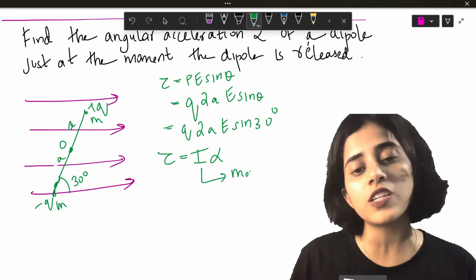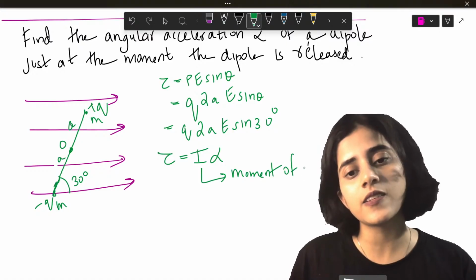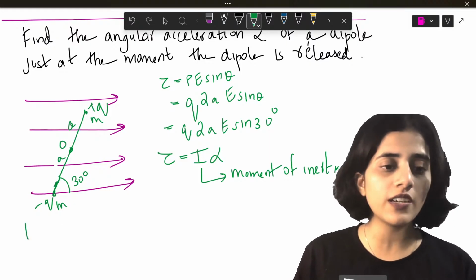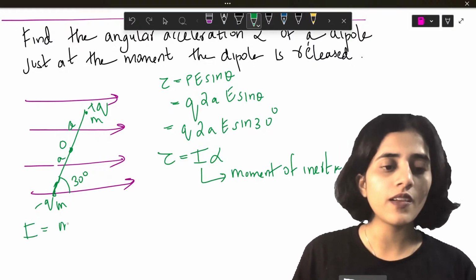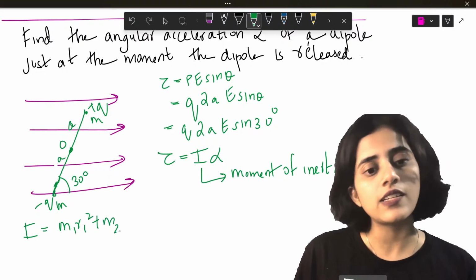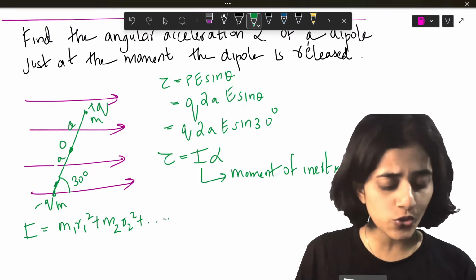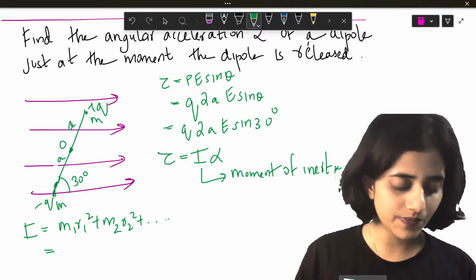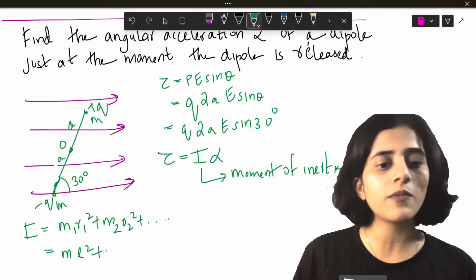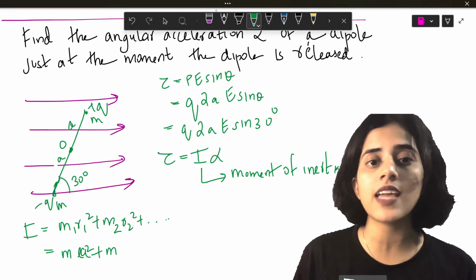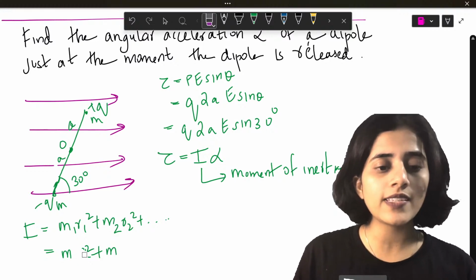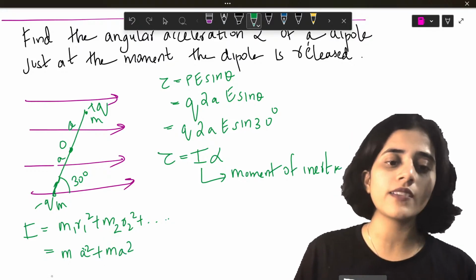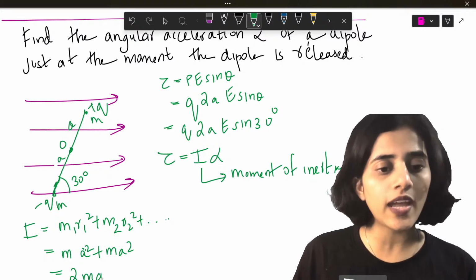I is the moment of inertia. Now how do I find moment of inertia here? So I is basically m1r1 square plus m2r2 square and it just goes on like that. Isn't it? So here it's going to be equal to ma square plus ma square, where a is the distance, m is the mass. This is going to be equal to 2ma square.